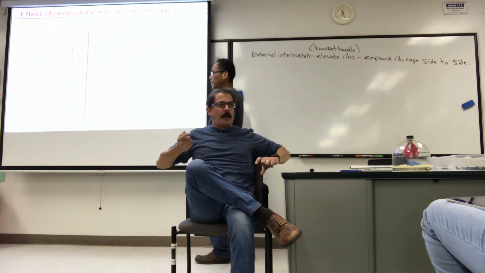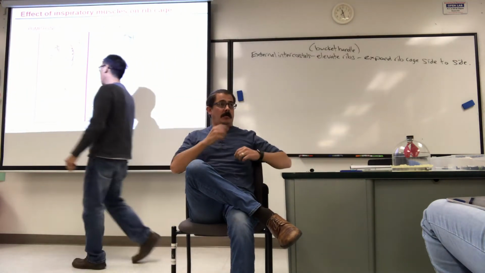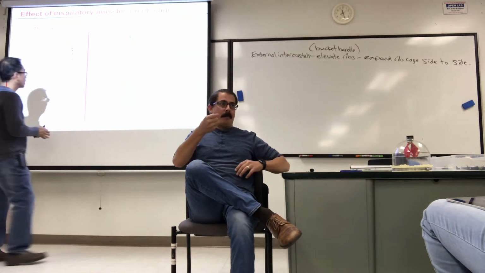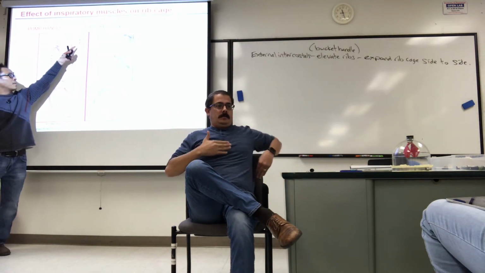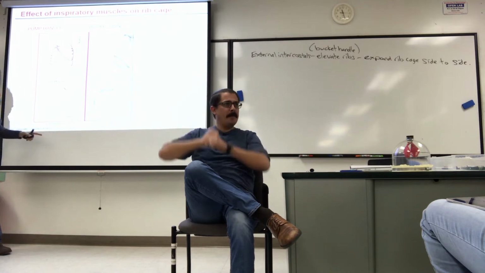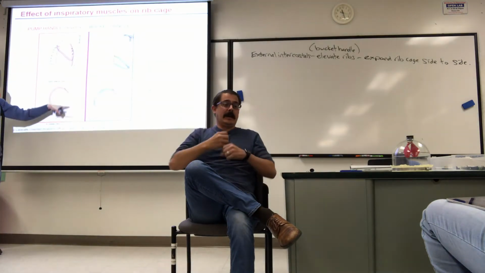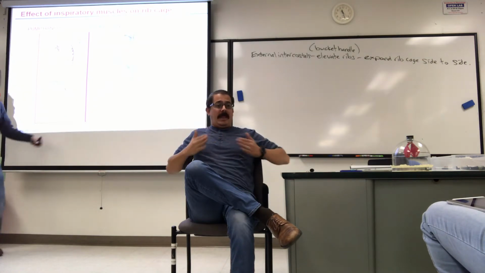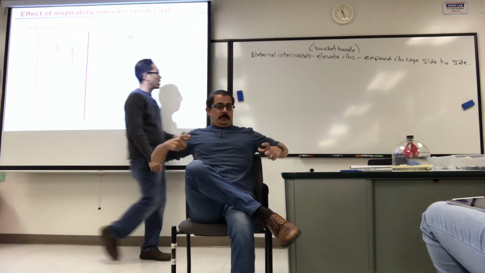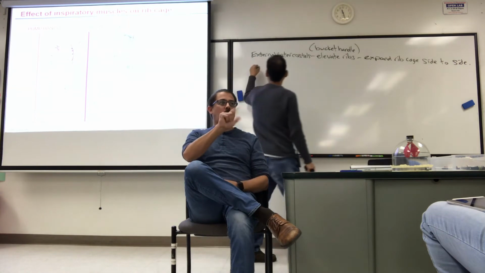You can also expand the rib cage from front to back by this pump handle movement of the sternal angle right there. Like a pump handle, if you crank the pump handle up, it's like expanding the rib cage just a little bit from front to back. So that's the action at the sternal angle.